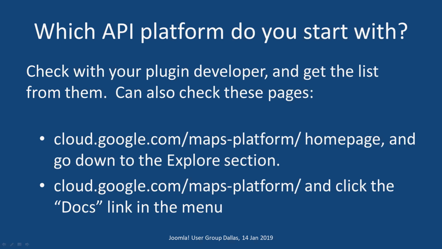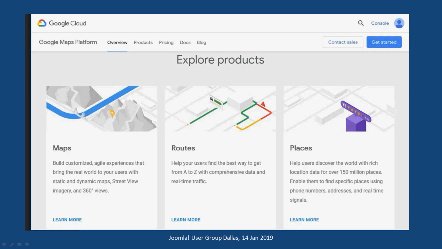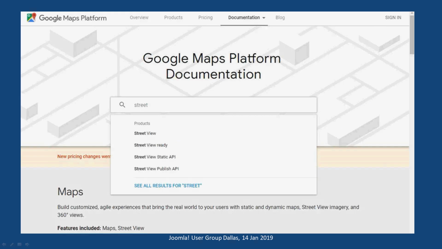You can also check out some of the pages on the site to learn more about what those different groupings are. Right under that, on the landing page, the second section down is this right here, and it takes you to the different types of APIs where you can learn more. There's also a great documentation page.